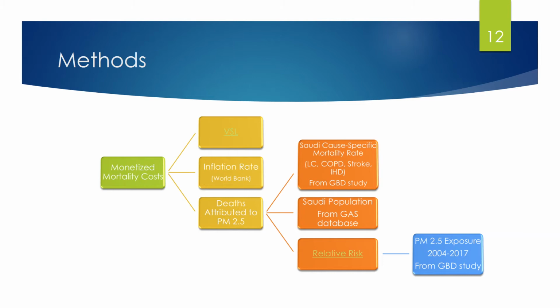The other way is the revealed preference studies, which basically look at the differences between salaries and the risk of each job, and based on it, they can infer the VSL. The thing about stated preference elicitation methods is that they give a lower estimate than the revealed preference method, because people tend to lower their perception of risk.